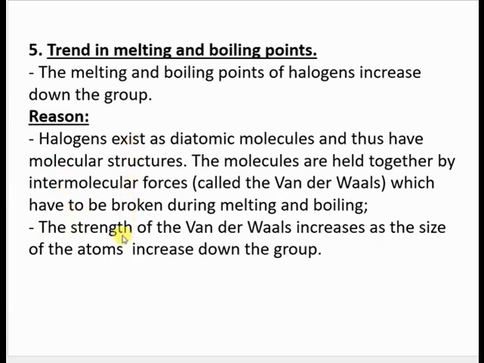As the atomic size increases, as the number of energy levels increases down the group, the strength of the van der Waals forces, the intermolecular forces, increases as the size of the atom increases down the group. Hence, the melting point and the boiling point increase down the group.